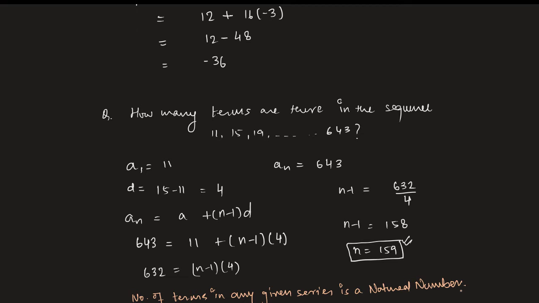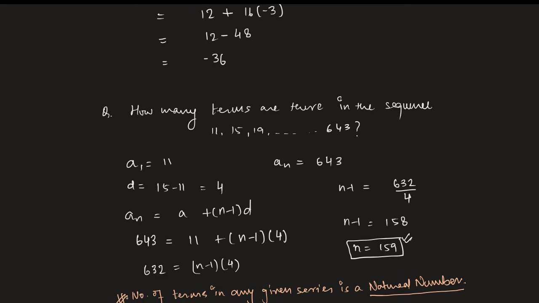How would you define negative 2 terms, or 2.5 terms? So the number of terms would be a counting number. Counting numbers are also known as natural numbers, meaning 1, 2, 3, 4, 5, 6, 10, 15, 35, 45, 90, and so on. So this is the most important point, that the number of terms in any given series is a natural number. I hope you are clear with this idea.